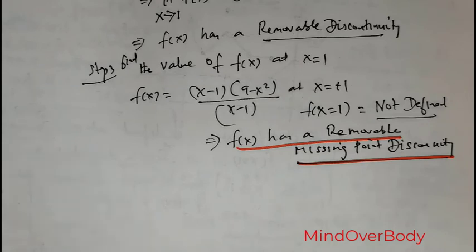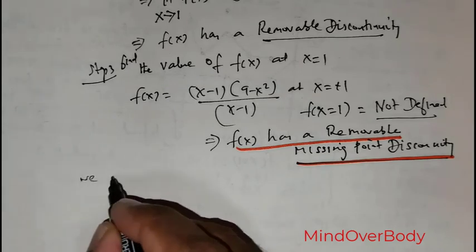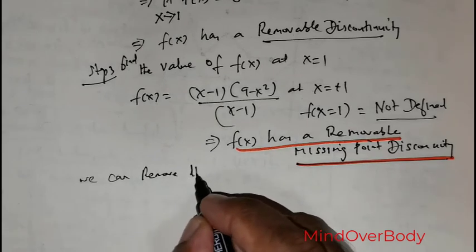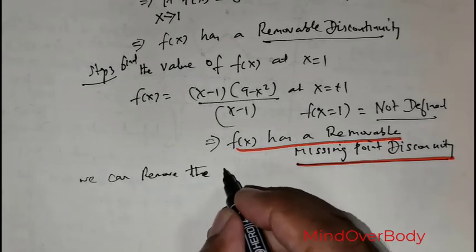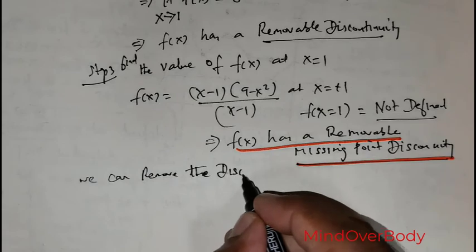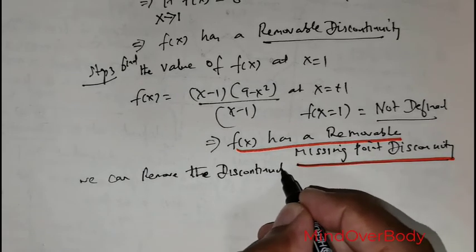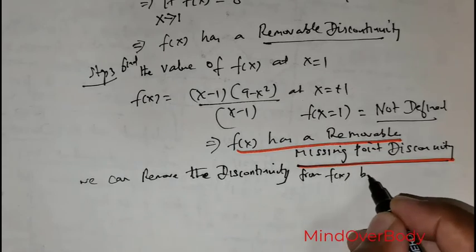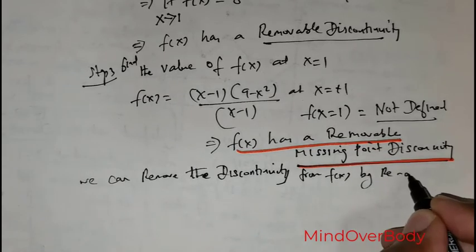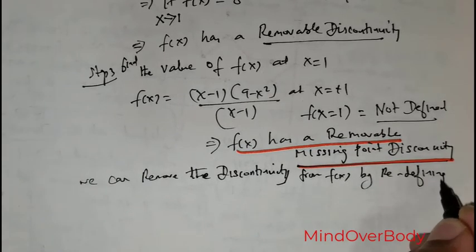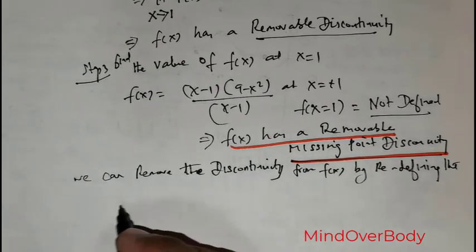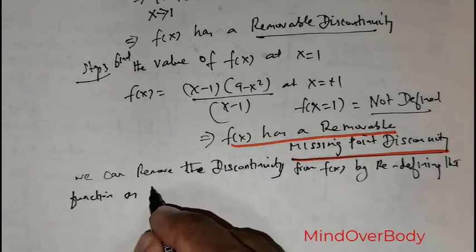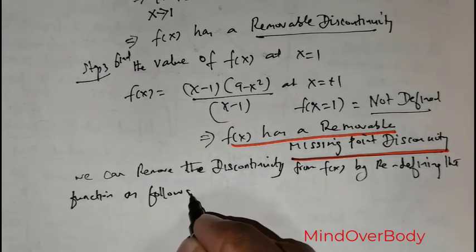So that's exactly what we are going to do. We can remove the discontinuity from f of x by redefining the function as follows. How are we going to redefine the function?